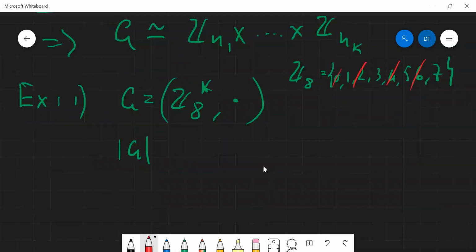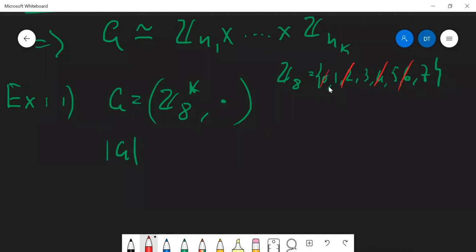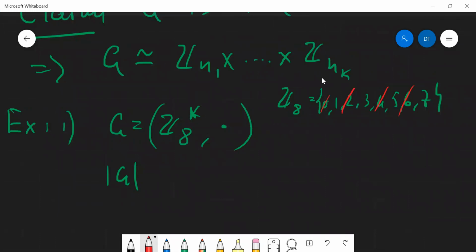And so this is a finite abelian group, but it's not presented in this form. You see, it's given like a set and an operation, but we know it must have this form. So let me show you. There are 4 elements, so G consists of 1, 3, 5, and 7.